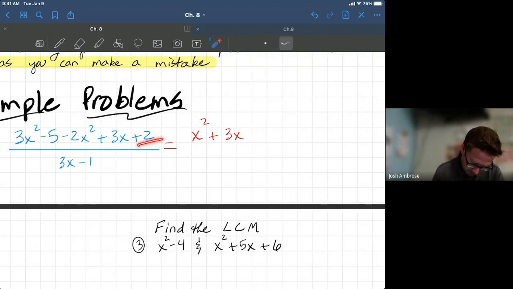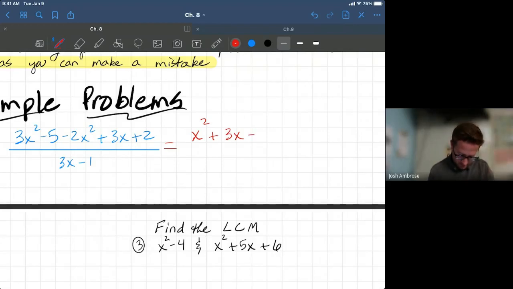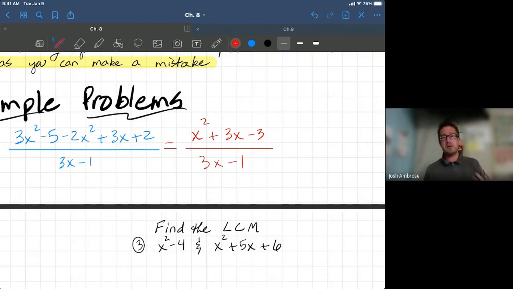And then you have a plus 2, but then you have a minus 5. So that's going to give you a minus 3. And then let's see, all of this again is just going to be over 3x minus 1.